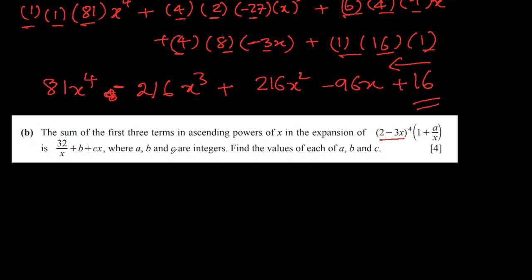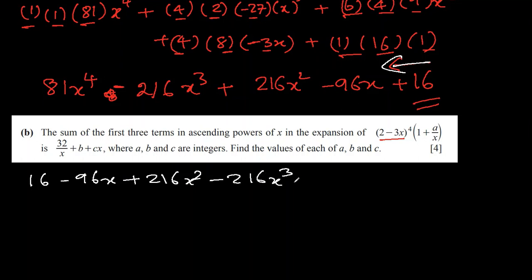Alright, where a, b, c are integers, find the values of a, b, and c. So let's write this one in ascending powers of x. 16 minus 96x plus 216x squared. I'm not sure which one will fulfill this question. That's why I'm writing all of them.